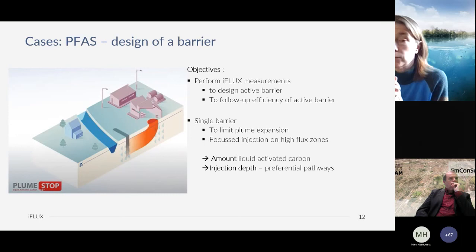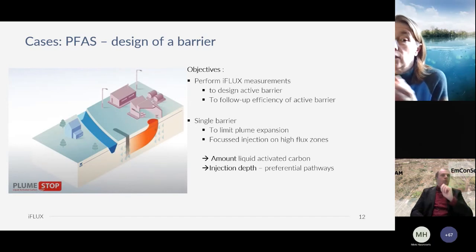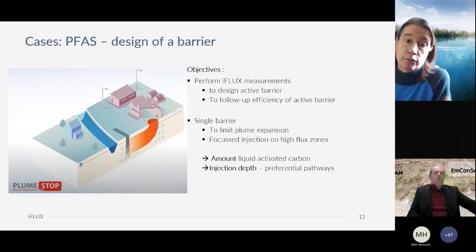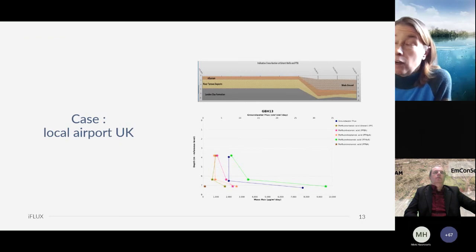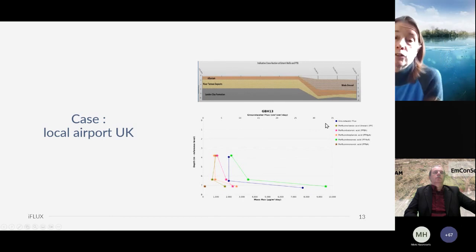So flux measurements are used to characterize the high flux zone and to estimate the amount of product that has to be injected, or the measures to be taken, to prevent further spreading. A first case, here in the UK: it is a local airport, and downstream there was a nature reserve.